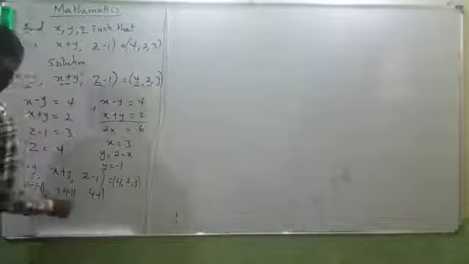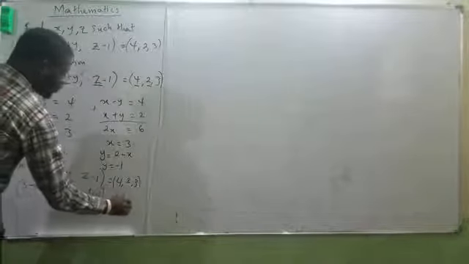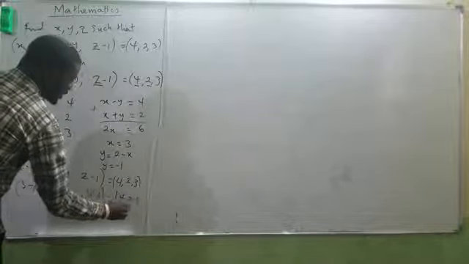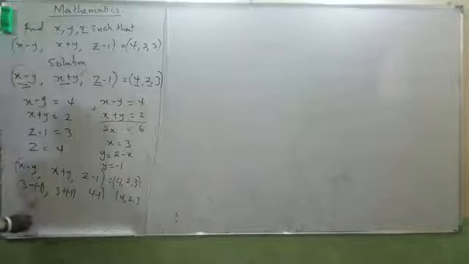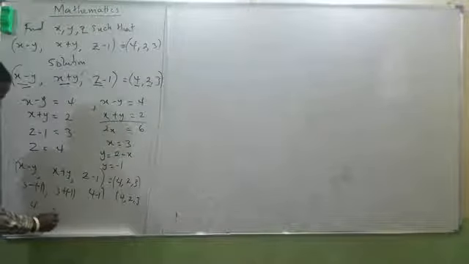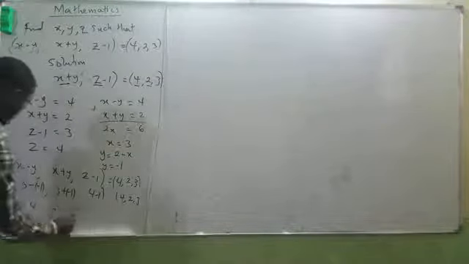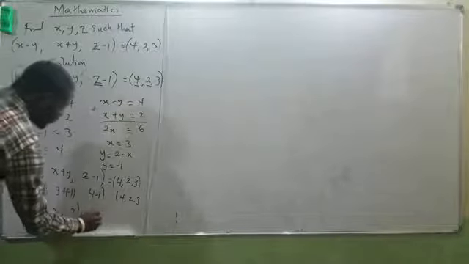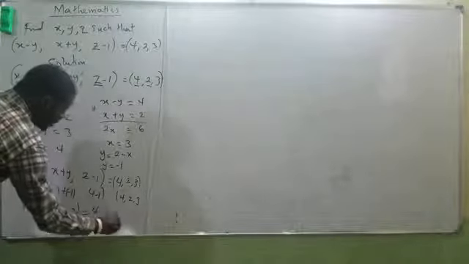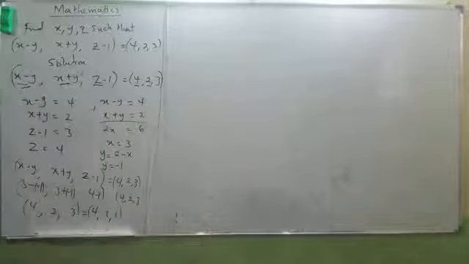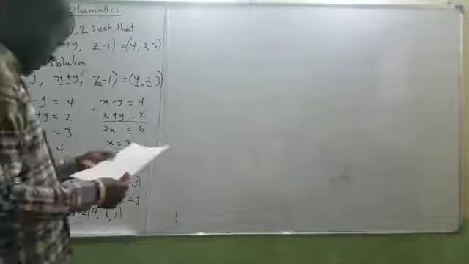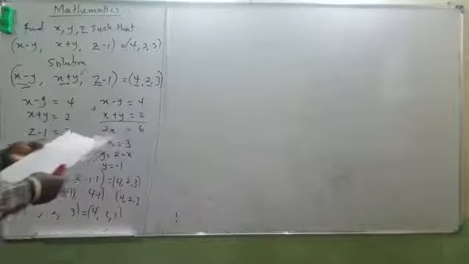Can it be equal to what is here, 4, 2, 3? This one will be 4, this one will be 2, this one will be 3. That is a very nice question that can be asked somewhere. I think it's correct.